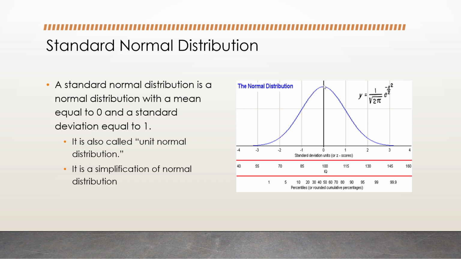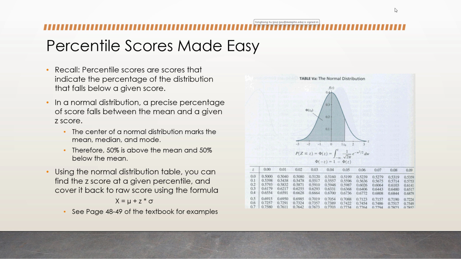Because the distribution is symmetric about the mean, 50% of occurrences are above the mean and 50% are below the mean. In addition, the mathematical nature of a normal distribution provides a precise percentage of scores between the mean and a given z-score. This relationship is summarized in the normal distribution table on page 259 of the textbook.